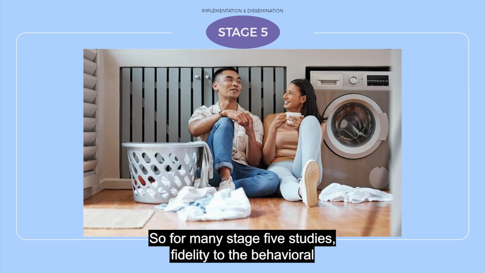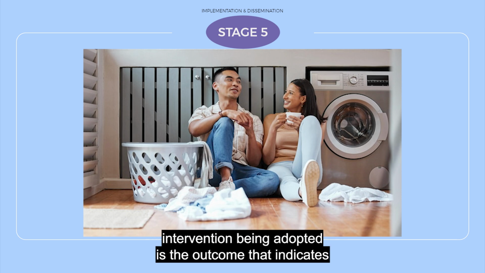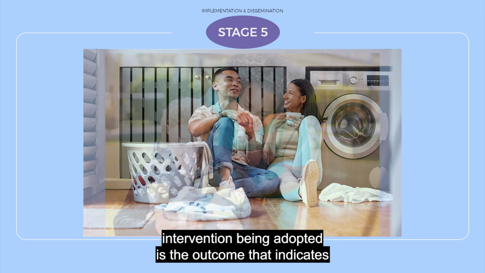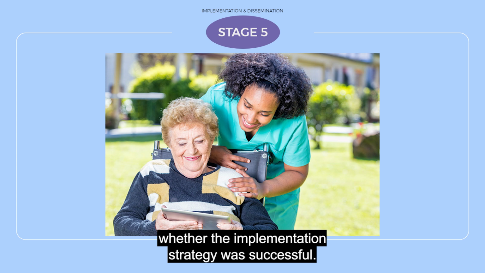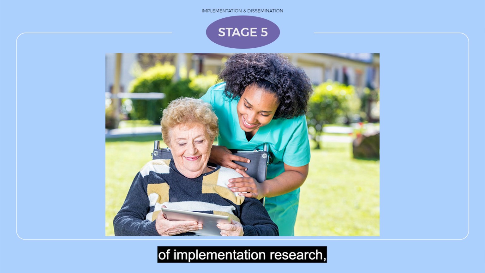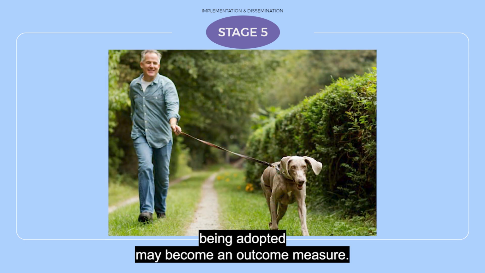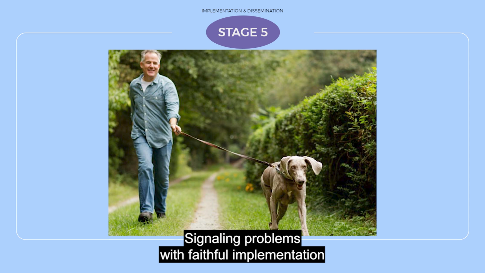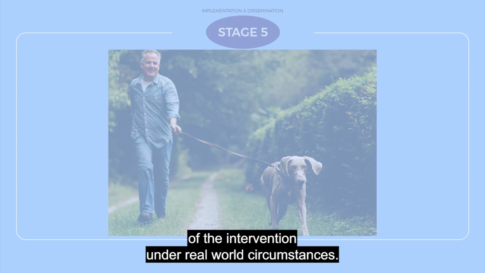So, for many Stage 5 studies, fidelity to the behavioral intervention being adopted is the outcome that indicates whether the implementation strategy was successful. This is consistent with some models of implementation research, where fidelity of the intervention being adopted may become an outcome measure signaling problems with faithful implementation of the intervention under real-world circumstances.